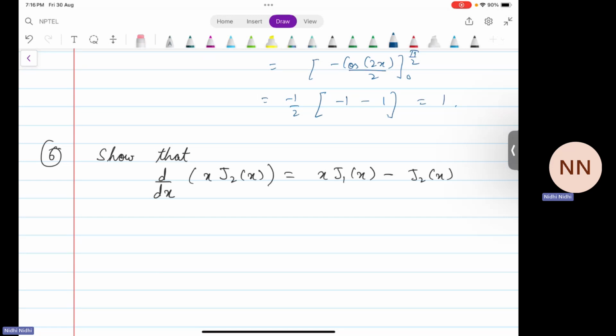Now we'll be using the recursive property of Bessel's function that we had recalled in the starting of the session.